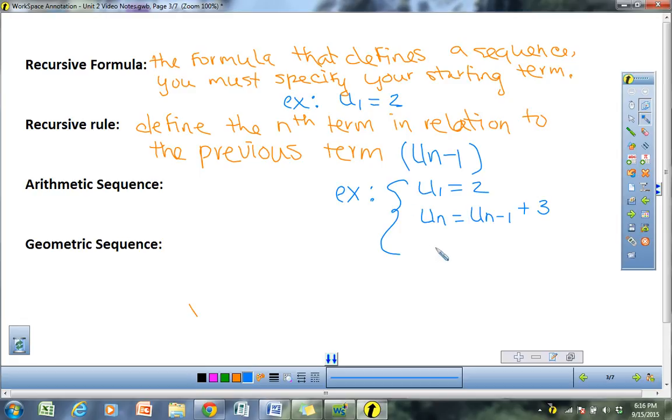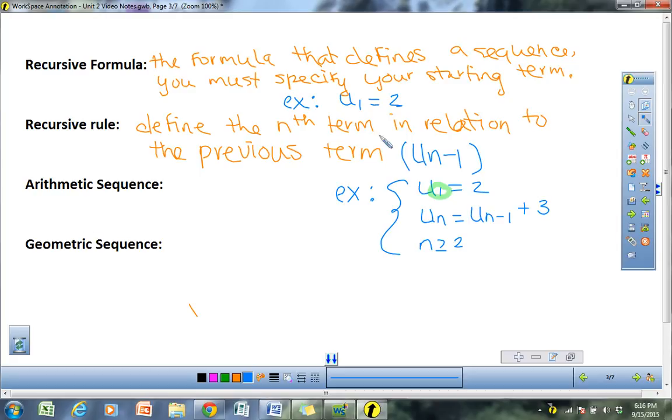Our last step that we need for our recursive formula is that we have to give our conditional statement. So we have to say that n is going to be greater than or equal to 1 more than the starting value. Since our starting value is 1 there, n has to be greater than or equal to 2.